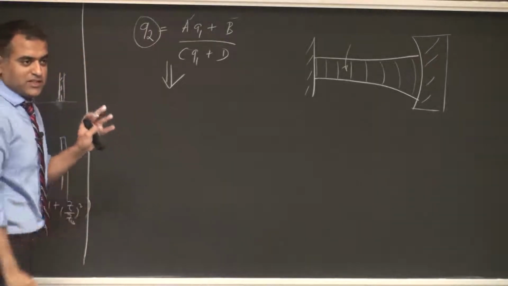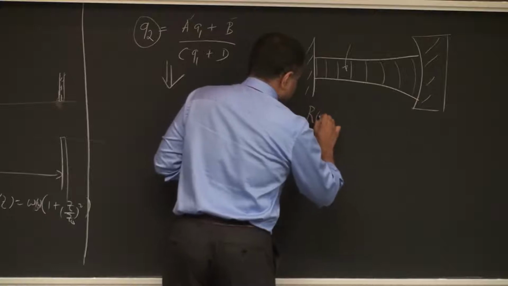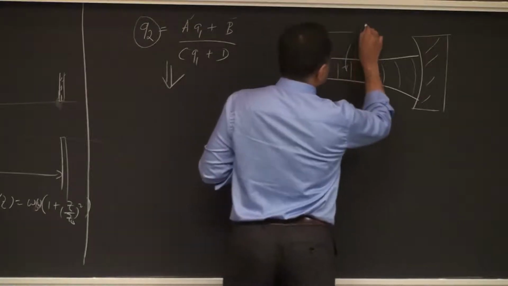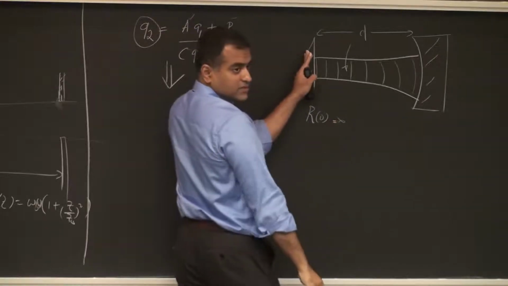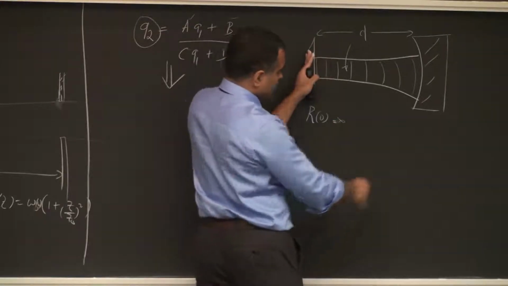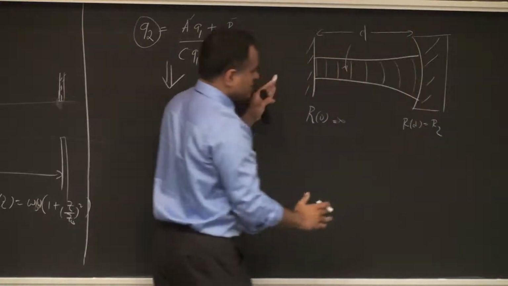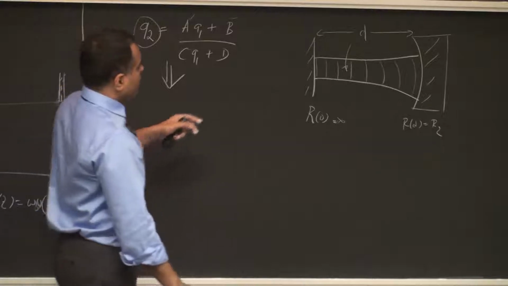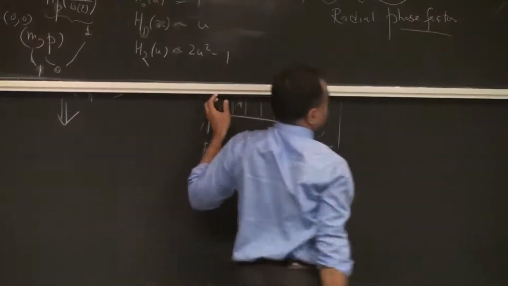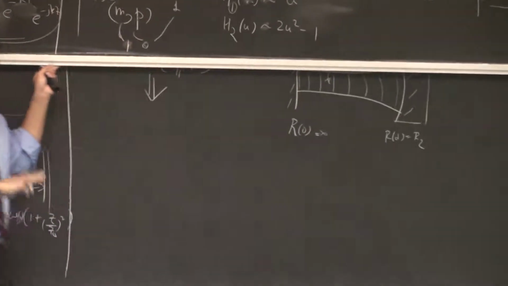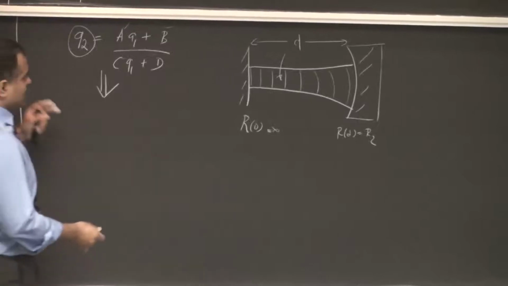You talked about that. So essentially you look at what would be the R at 0 here. Let's say this is D. The R at 0 would be infinite, since this is a flat mirror, and R at D would be the radius of curvature of that. Those are your R parameters. From there you can figure out Z, you figure out W naught, the beam width that's allowed, and all that stuff.